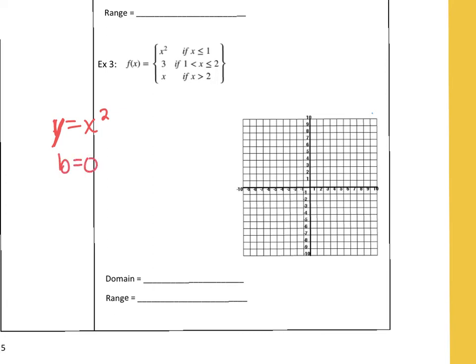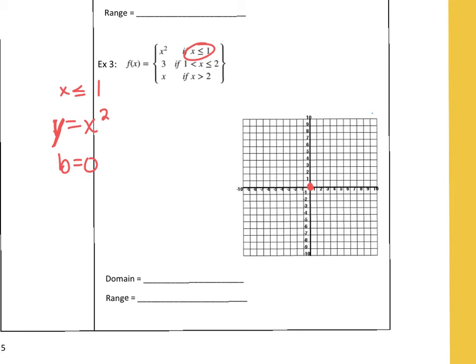And this is defined for x is less than or equal to 1, correct? I just got that from this. Okay. So I know that this starts at 0. But I only need this graph going to the left, right? So should I plot the whole thing or should I just plot points that I need?